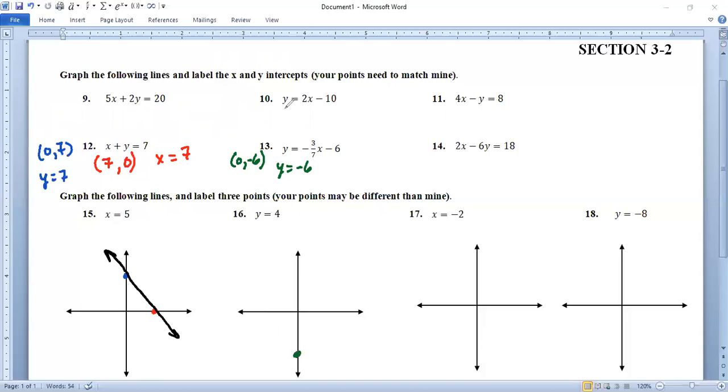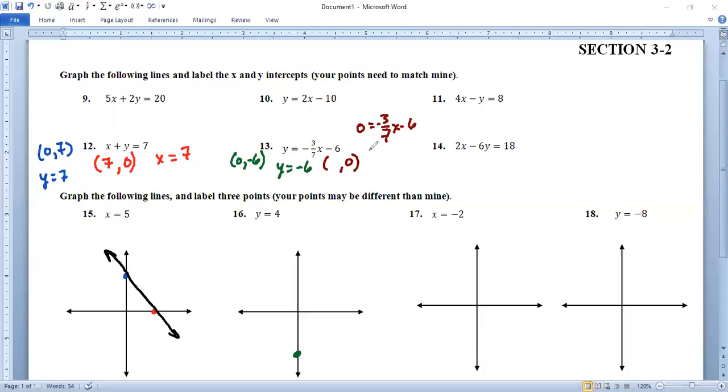Right about there. And then let's stick in 0 for y. This one's a little bit tougher. 0 equals negative 3/7 x minus 6. Usually it comes out a little bit easier, but trying to get the x-intercept when y is by itself is a little bit tough.